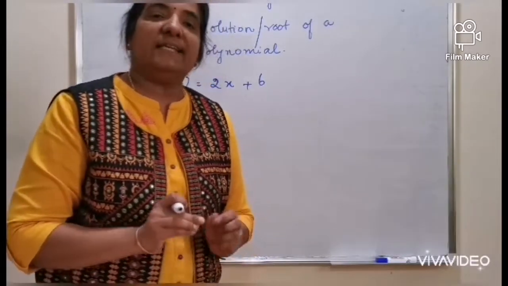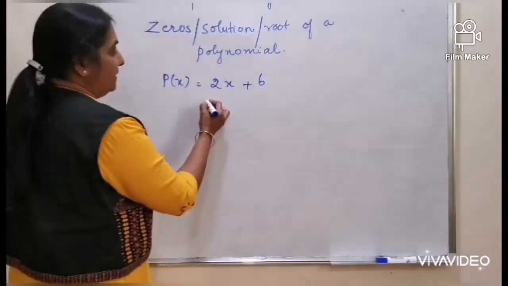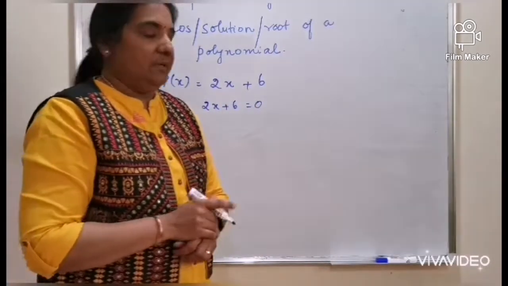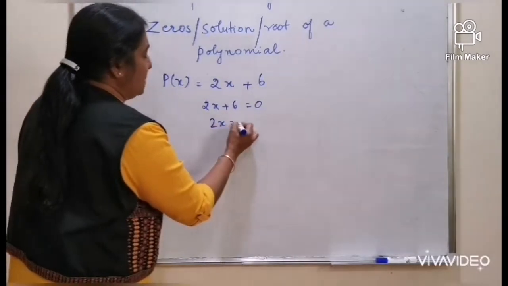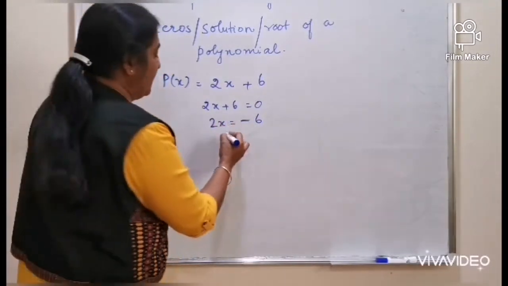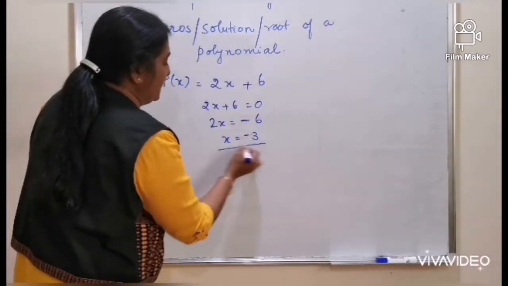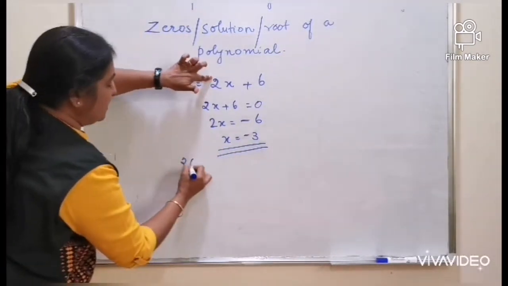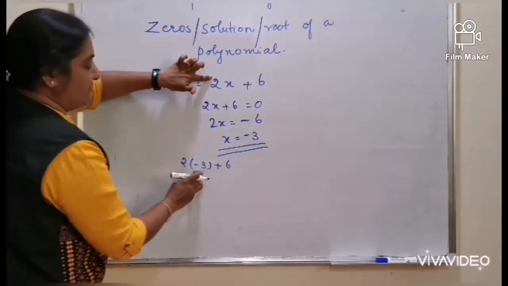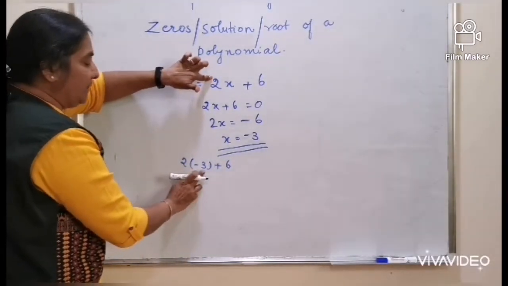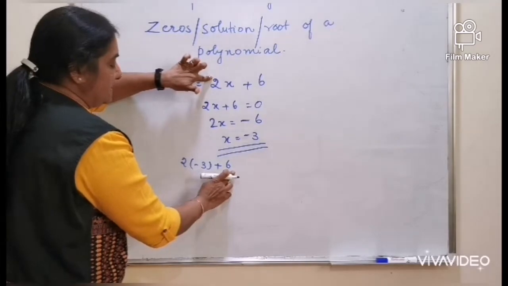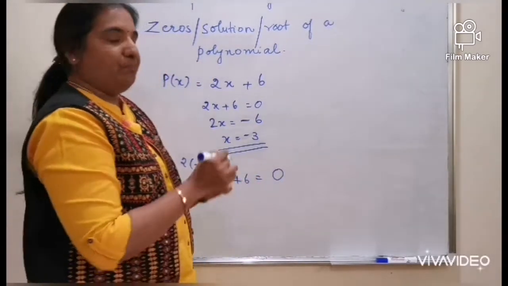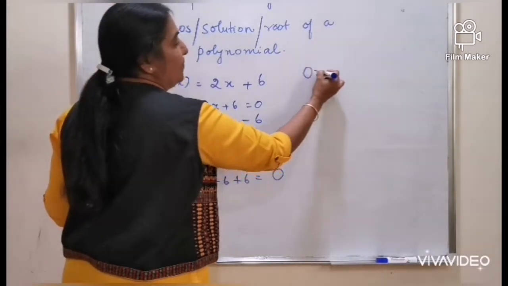What you have learnt in 9th: 2x plus 6 equal to 0, 2x is equal to minus 6 or x is equal to minus 3. That is, if you substitute the value of x as minus 3, 2 into minus 3 plus 6, minus 6 plus 6 is equal to 0, or it is a 0 polynomial.